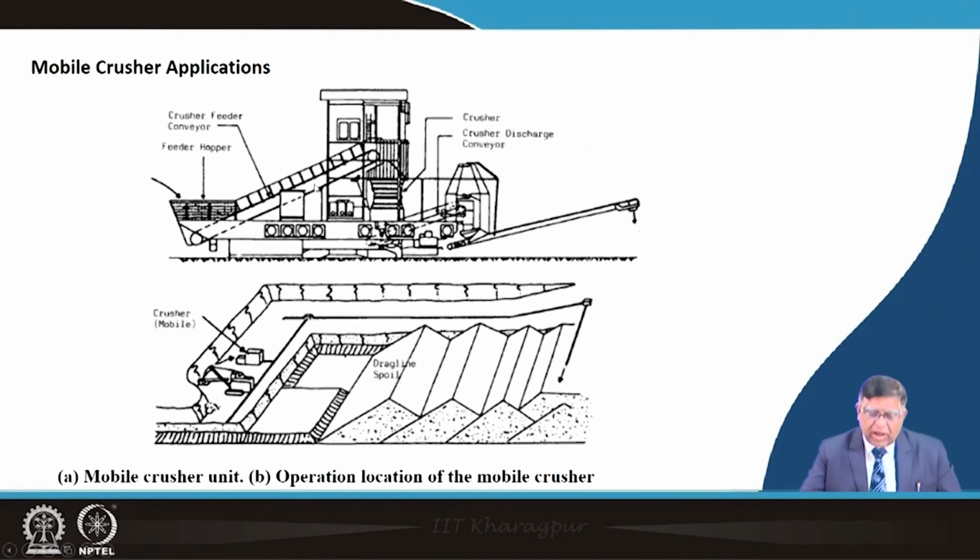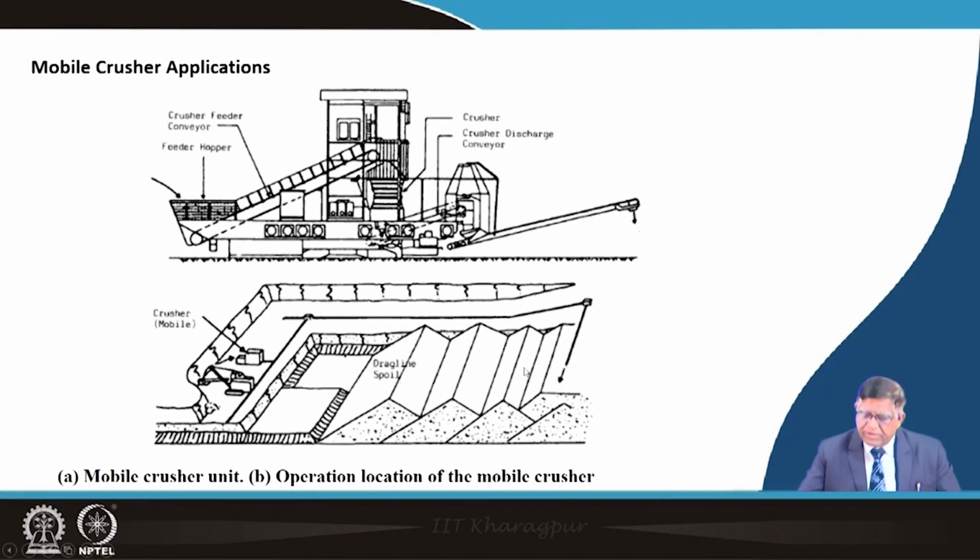And then if you see how it is applied in the mines, if you are able to visualize, this is your plan view of a mine. Here the shovel is excavating this blasted rock mass, and then it is giving onto the hopper of this crusher, and the crusher discharge is going to this conveyor belt, and this conveyor belt is giving to the next conveyor belt, which is taking over here, and this conveyor belt is transferring to another conveyor belt, and from there a spreader is dumping the material over this.